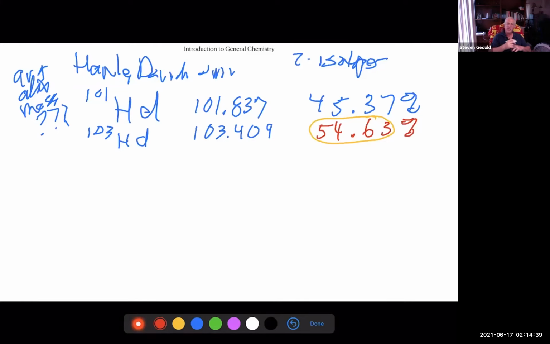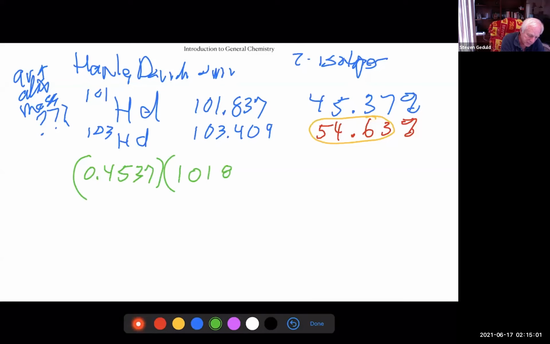And now we just take the percentage of each mass and then add those together. So when we're doing our calculations, we get our fractional percentage, which in this case is 0.4537, times our mass, which is 101.837.